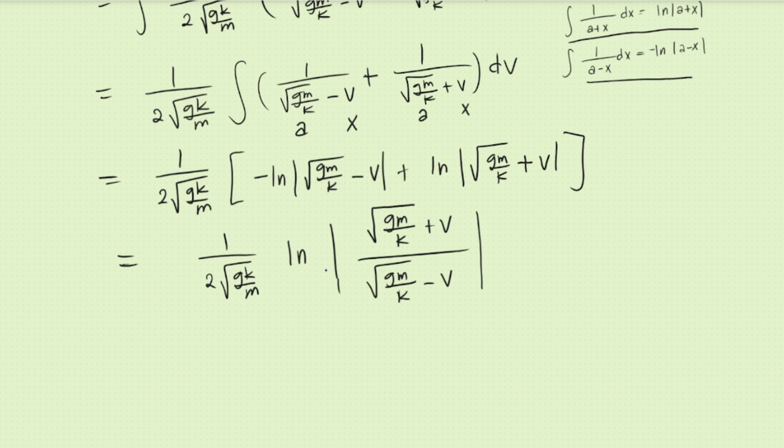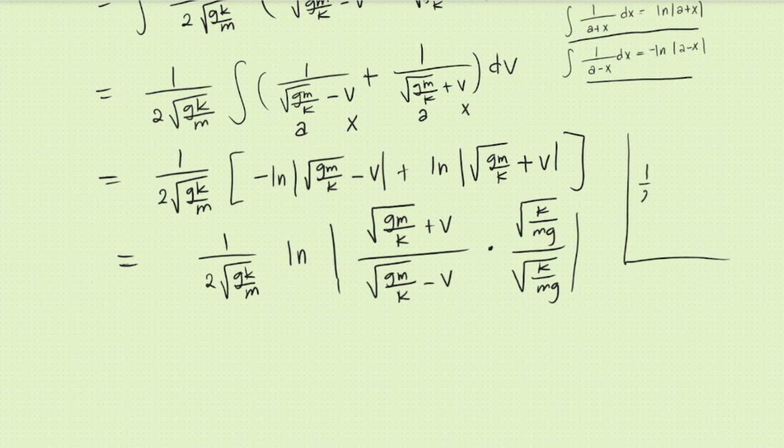So let's have a review of inverse hyperbolic functions. But before that, we're going to multiply both the numerator and denominator by square root of k over mg over square root of k over mg, because I want to create a pattern like this one.